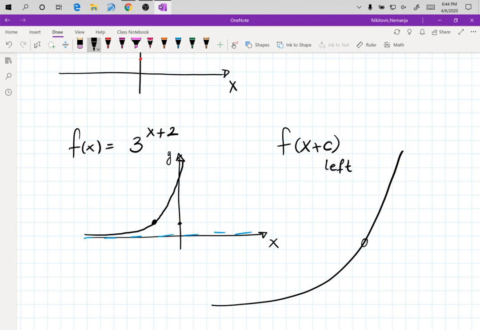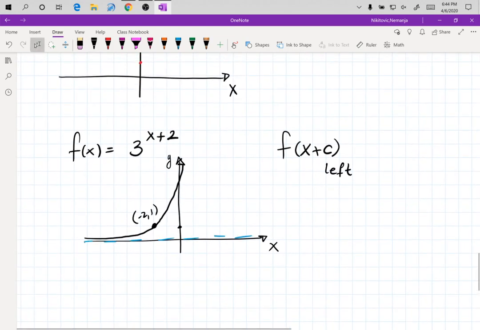And it goes somewhere through the y-axis. Now, because we had to move it to the left, because that's what was asked of us, we have the y-intercept show up somewhere else. Now, you have to note that this point over here is negative 2, 1, because that used to be your 0, 1 y-intercept. Now the y-intercept will have a new value. So I'm going to add that here as a note.